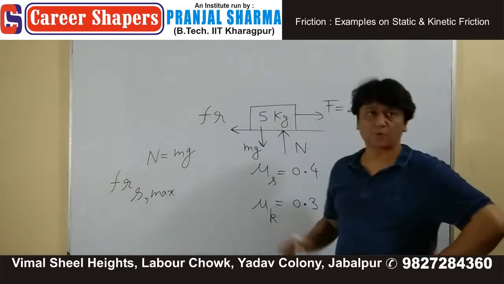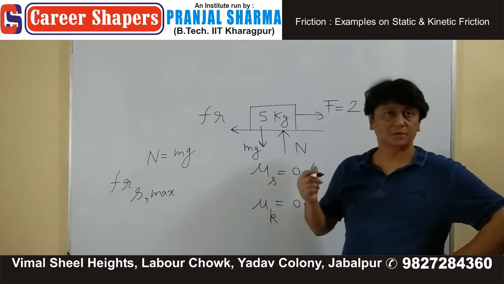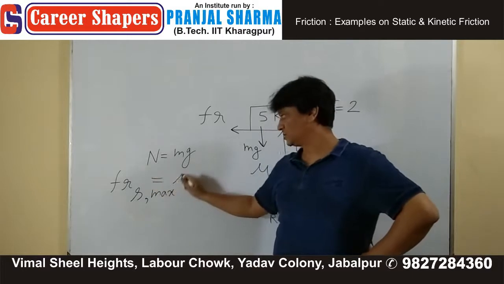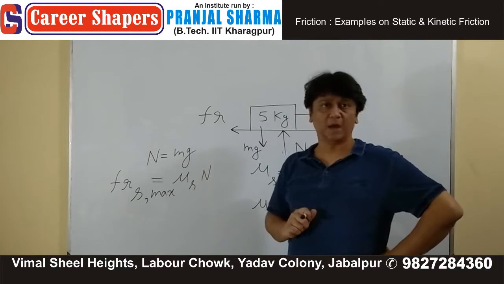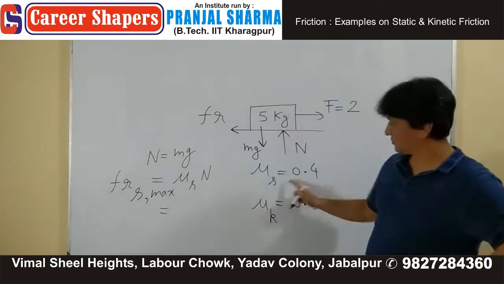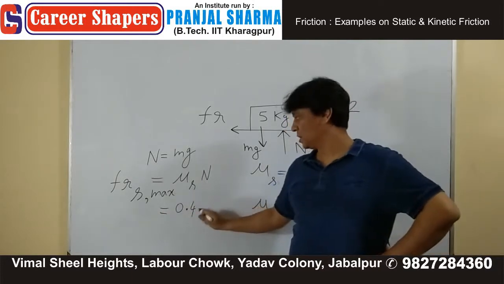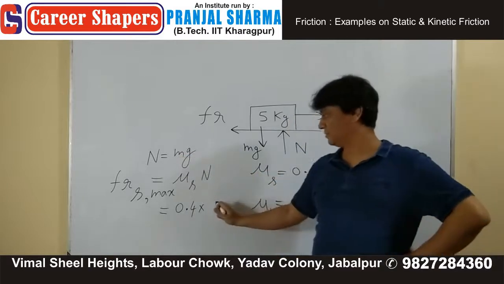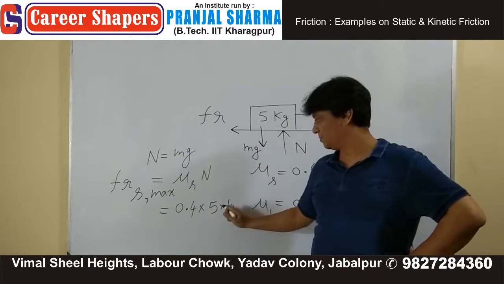Whenever you are attempting a question of friction, you will find these values. Fr static maximum. What was this? Mu s multiplied by N. Mu s is 0.4. Normal reaction is mg, m is 5, g is 10.